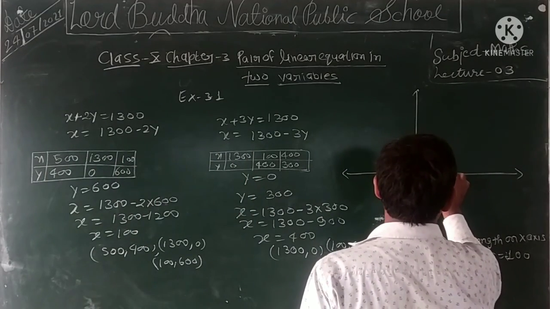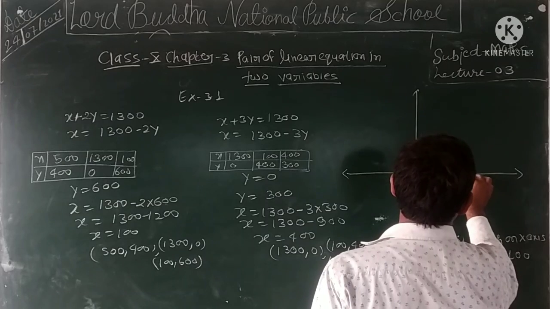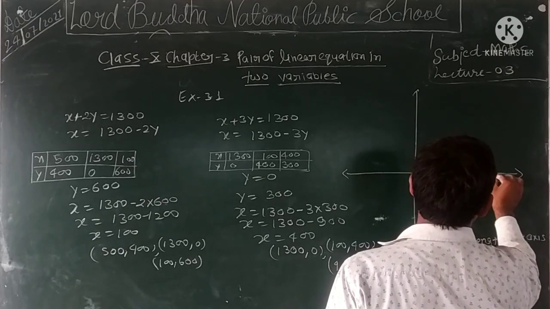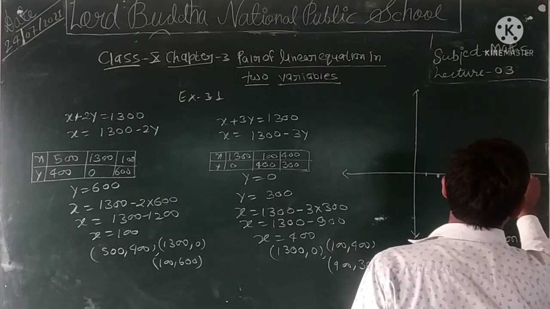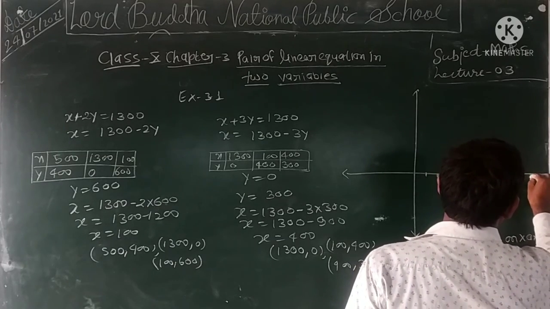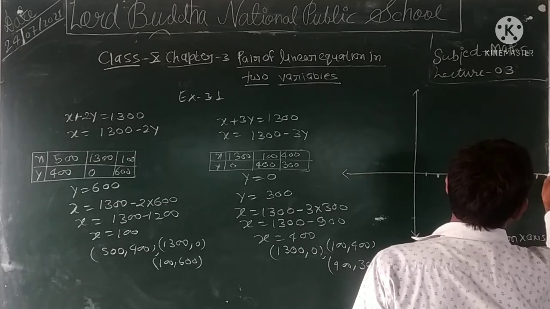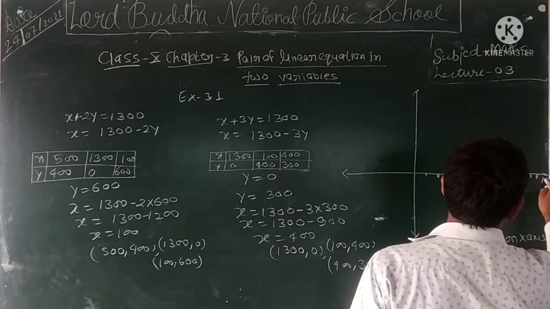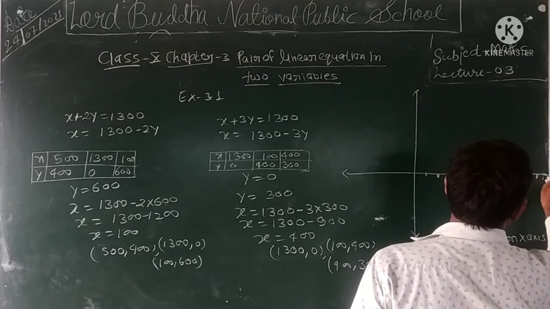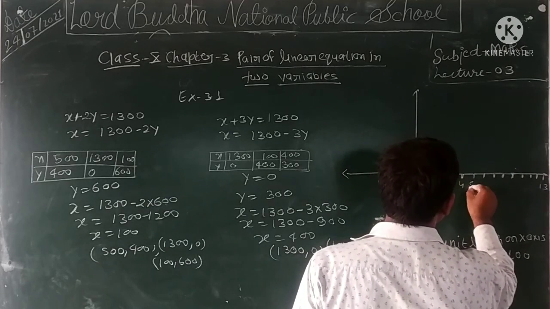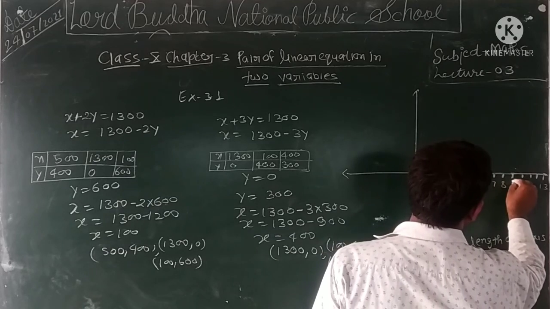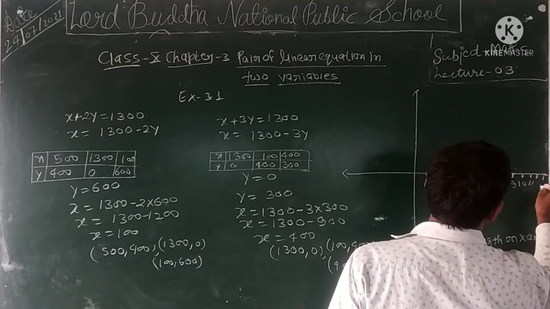1 2 3 4 5 6 7 8 9 10 11 12 and here 1300. Okay. 1 2 3 4 5 6 7 8 9 10 11 and 12.